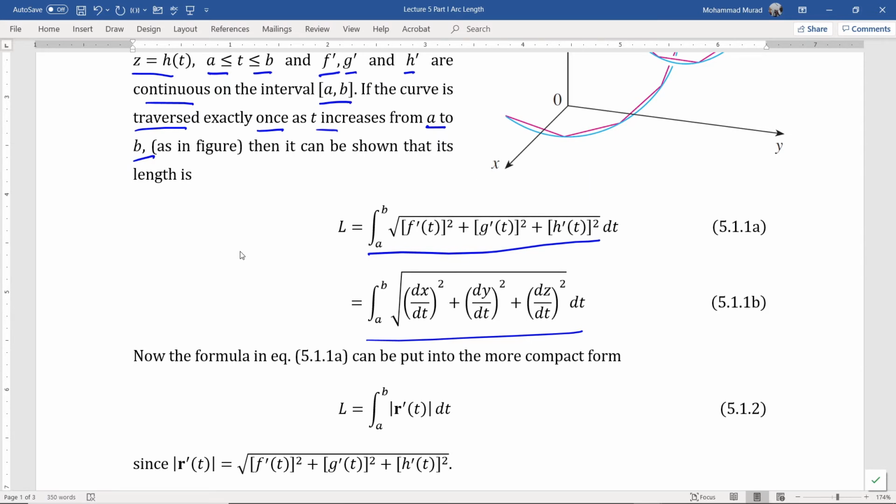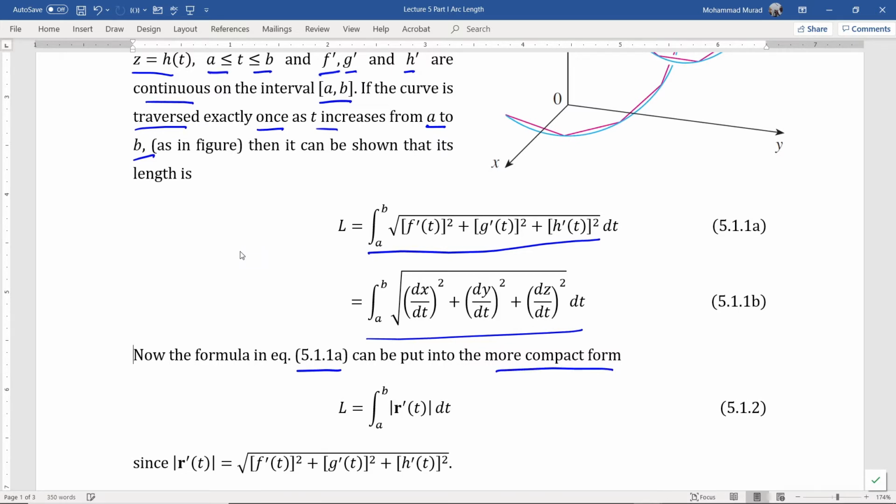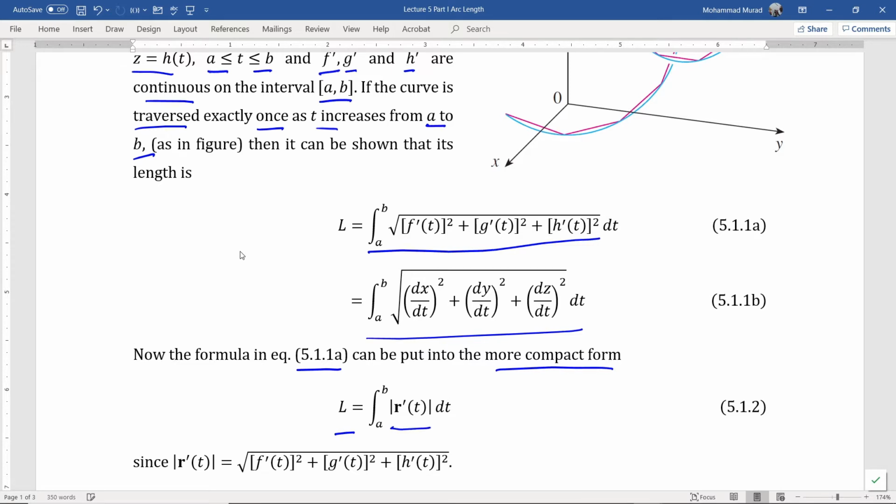Now, the formula in equation 5.1.1a can be put into more compact form. L equals the integral over a to b of the absolute value or the magnitude of the vector r prime of t with respect to t.